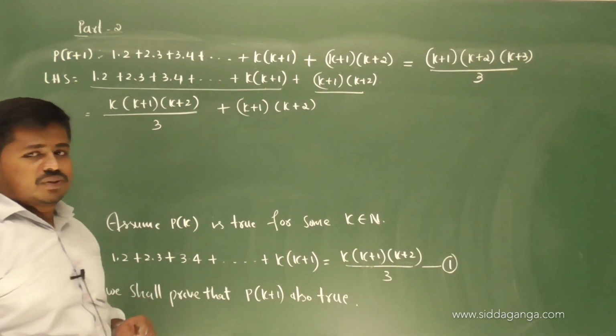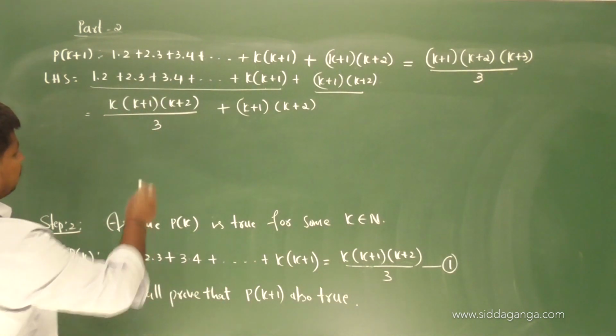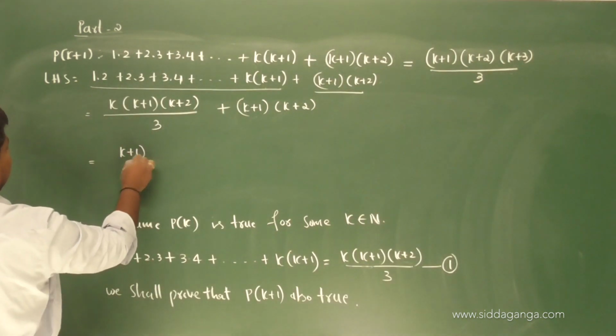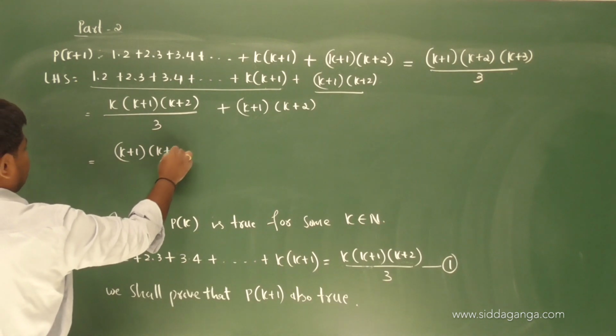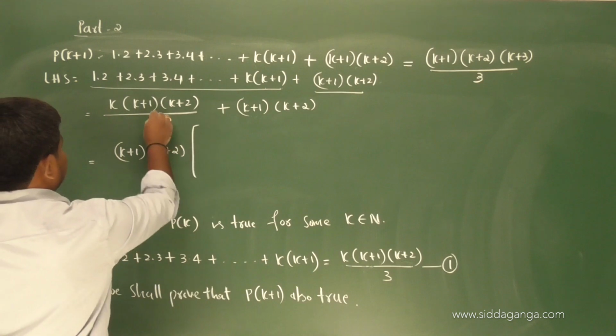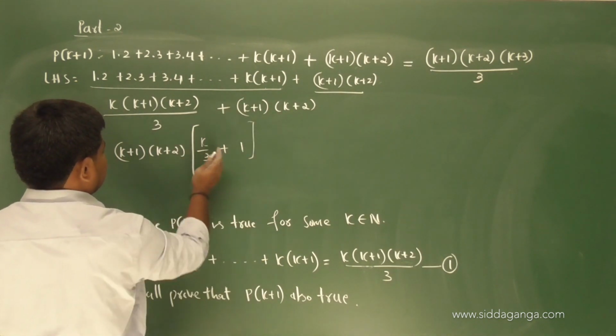Next step is simple, students. As I said before, just to simplify, you take the common terms outside from these two terms. Yes, we have the common terms k plus 1 into k plus 2 in both the terms. What is remained in the first term? k by 3 is remained, plus 1 is remained.